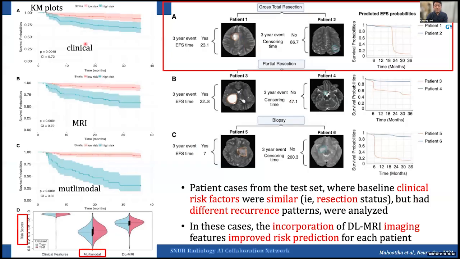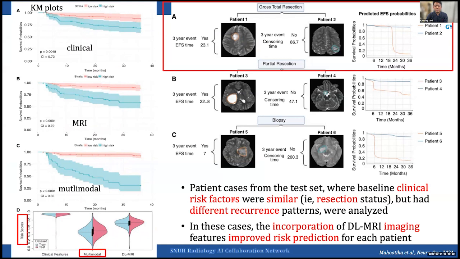The Kaplan-Meier plots demonstrate significant stratification for each of the clinical feature model, MRI-only model, and combined multimodal model. You can see the gap increases as the model progresses, and risk distributions for the multimodal model were more calibrated compared to image-only or clinical-only models.